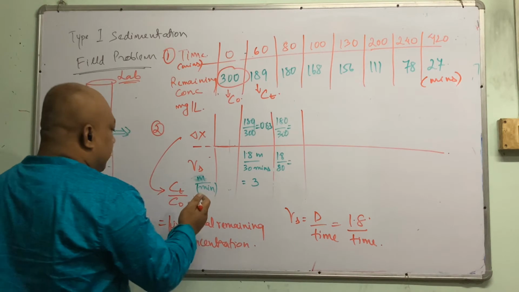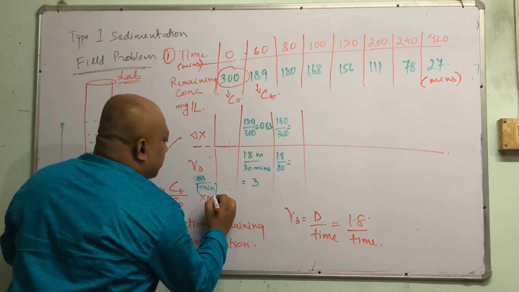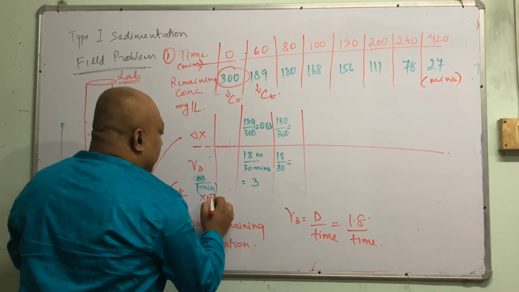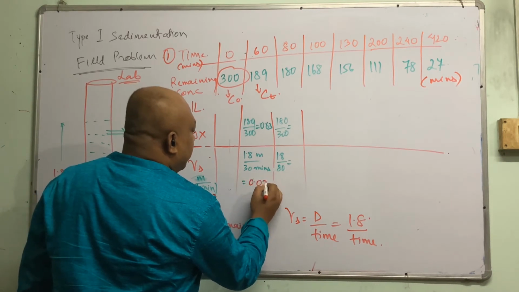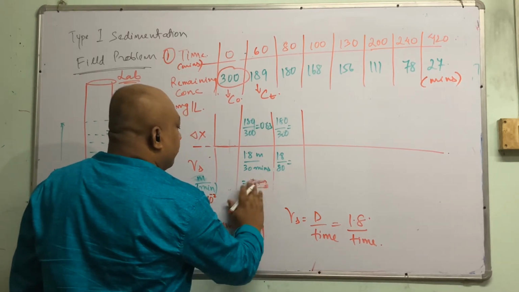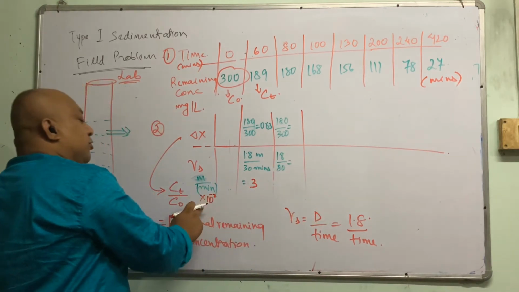What we do is make it 10 to the power minus 2. Okay, the answer is 0.03, but let's make it 3 for an easy graph, times 10 to the power minus 2.